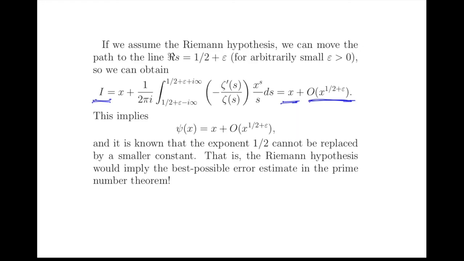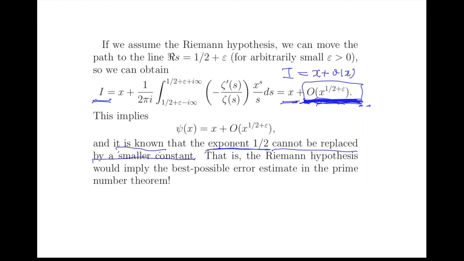So our error term is just small o of x. But if we assume the Riemann hypothesis, we can improve the error estimate to O of x to the 1/2 plus epsilon, much better. And moreover, it is known that, under the assumption of the Riemann hypothesis, this exponent 1/2 is the best possible, which cannot be replaced by a smaller constant.